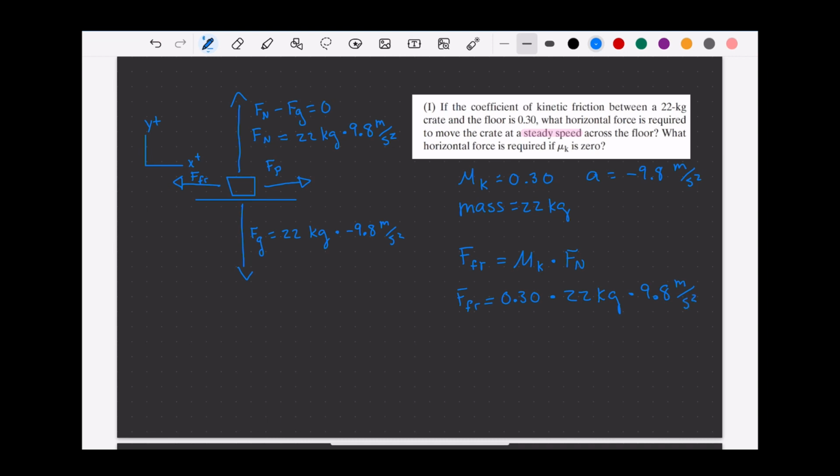All I did was plug in the expression I have set equal to my normal force into my formula for friction force. If I multiply those across, my friction force must be equal to 64.68, and that would be in newtons.